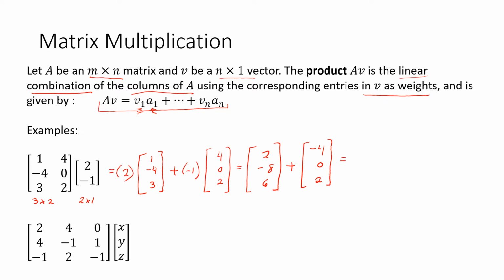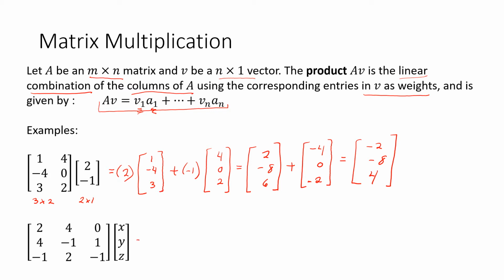And now we add them up. We get -2, -8, and, oops, that's a -2, and that's not 8, that is 4. -2, -8, and 4. Okay, so that is the matrix vector multiplication.